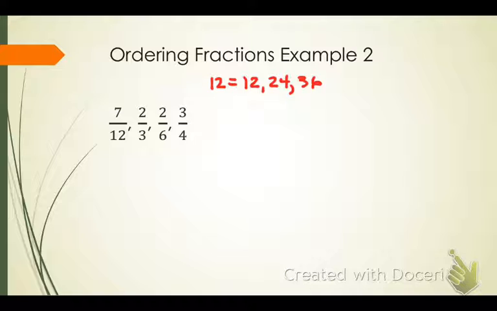Here's another little tip. As you are writing your LCMs, finding common denominators, whatever you want to call it, it always has to be the biggest number or higher. Okay? So it has to be at least 12 or higher.